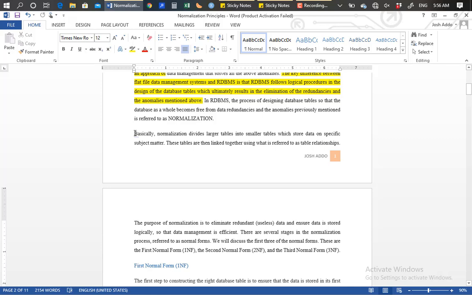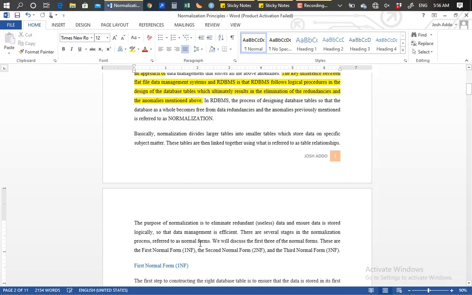The process of normalization involves steps or procedures. So you go through a number of procedures or steps to finally get to your tables normalized. And these procedures are referred to as normal forms.